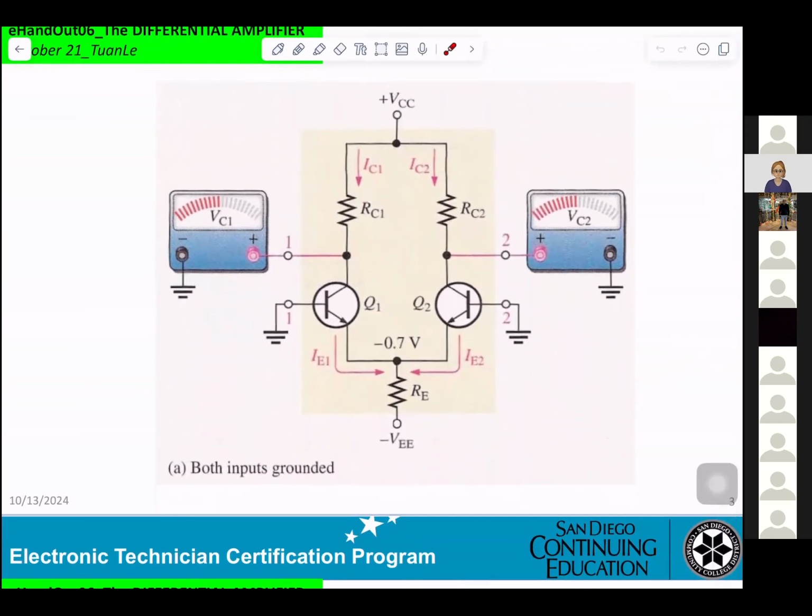Now the fourth thing, they exercise with both inputs grounded. That means they ground Q1, they ground Q2. They connect the meter at output 1, output 2. That will tell you both will be equal.